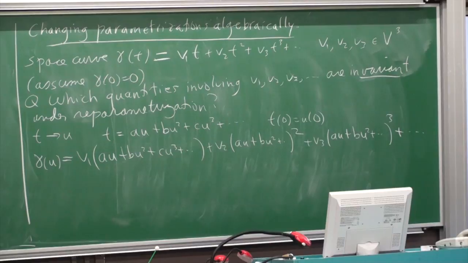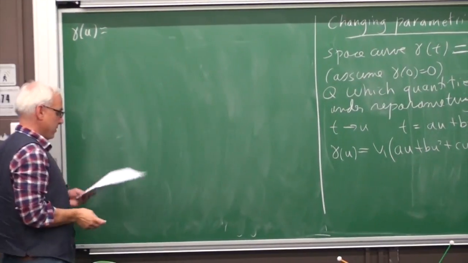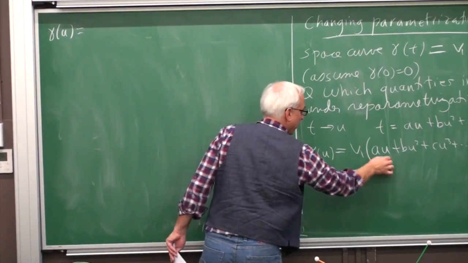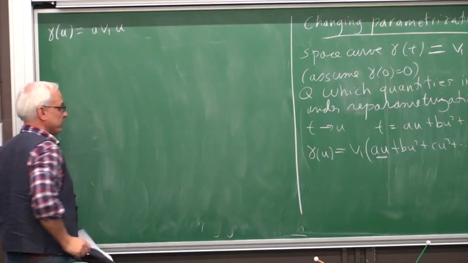But what does that look like as a series in u? So we have to collect the u terms. The linear part in u, there will only be the one part coming from here. So we'll have a times v1 times u.